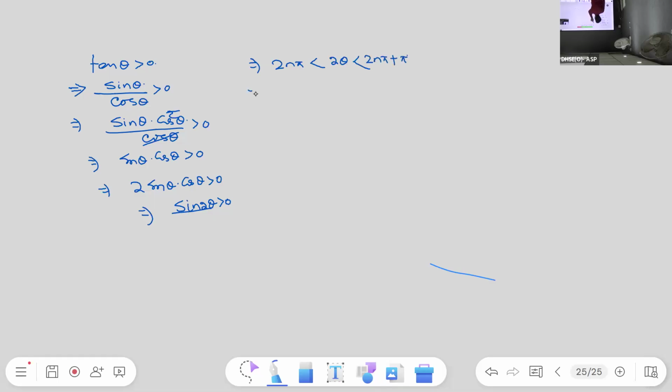Dividing both sides by 2, n pi less than theta less than n pi plus pi by 2. So n pi to n pi plus pi by 2 covers the first quadrant and third quadrant.